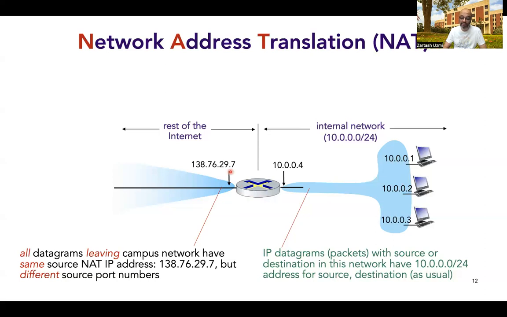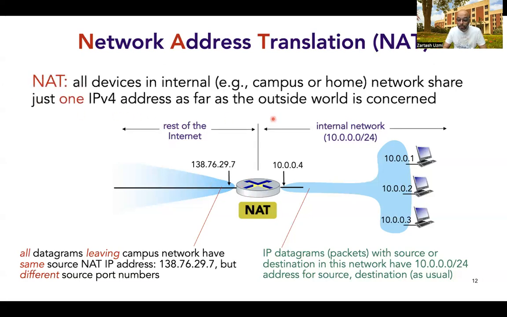That is how you will distinguish who is sending the packet from the internal network. Okay. So as far as the outside world is concerned, all the devices in the internal network are represented by just one single IP address, which is 138.76.29.7.